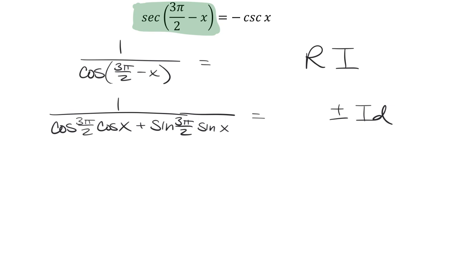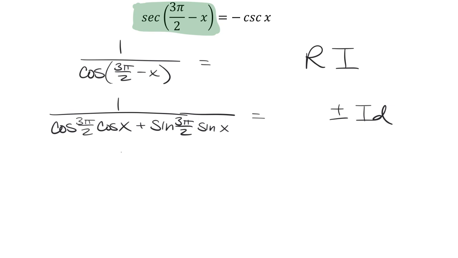Too easy. No. But hey, look, you have numbers inside of a sine or a cosine. Those numbers are from our unit circle. What is the cosine of 3 pi over 2?